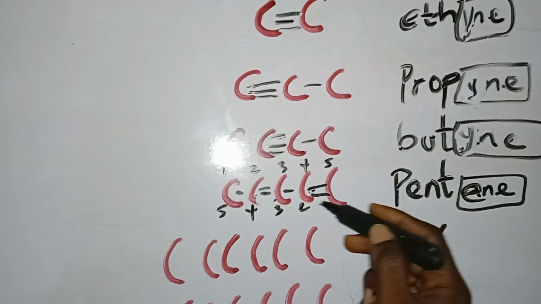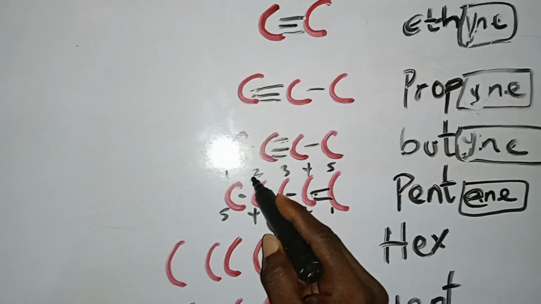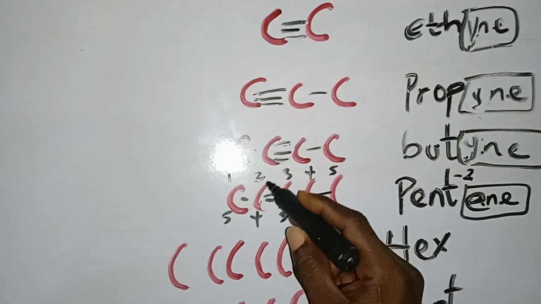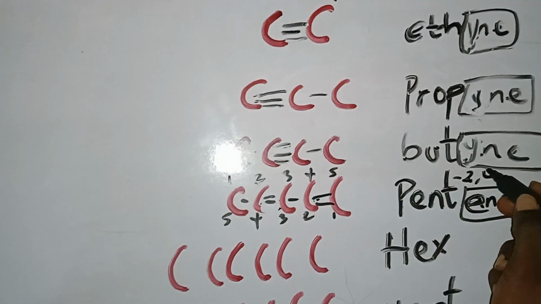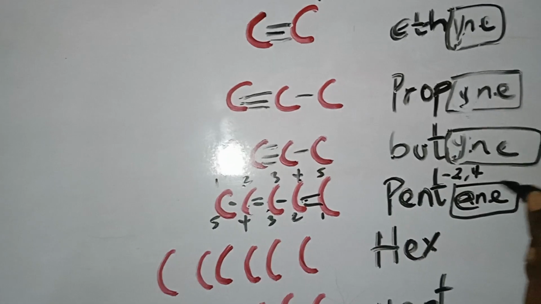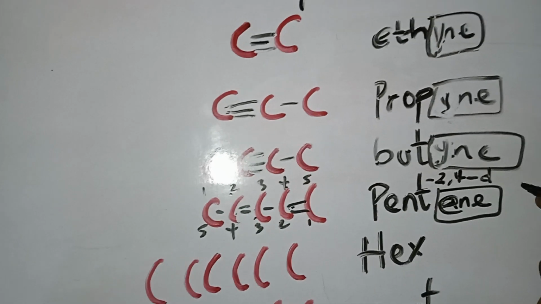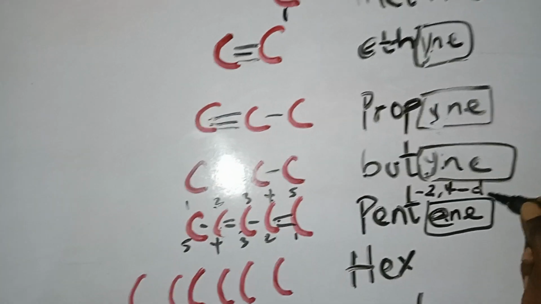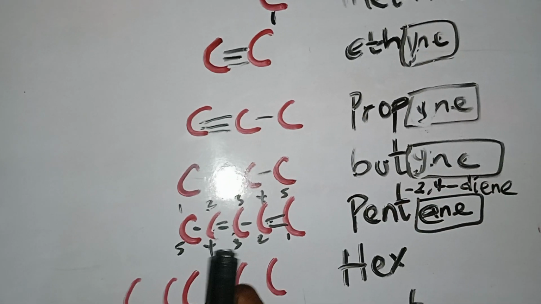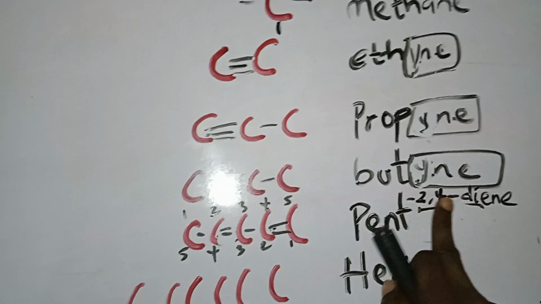So I will now take the smallest number before the double bond. If I'm going this way, it is 2, 4. So this will now be pent-2, separate numbers with a comma, 4. Now because the double bonds are 2, it will now be di. Separate number from letter using a hyphen, di-ene. Pent-2,4-diene. That will now be the name.